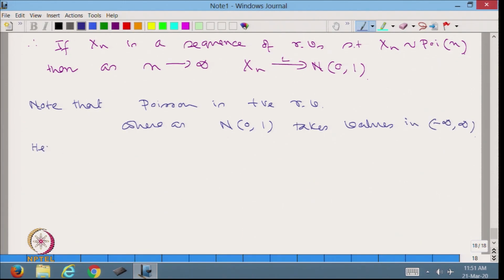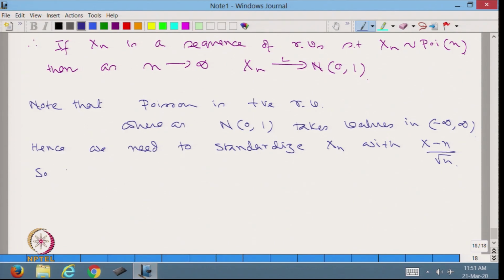Hence, we need to standardize or normalize xn with (xn minus n) upon root n.